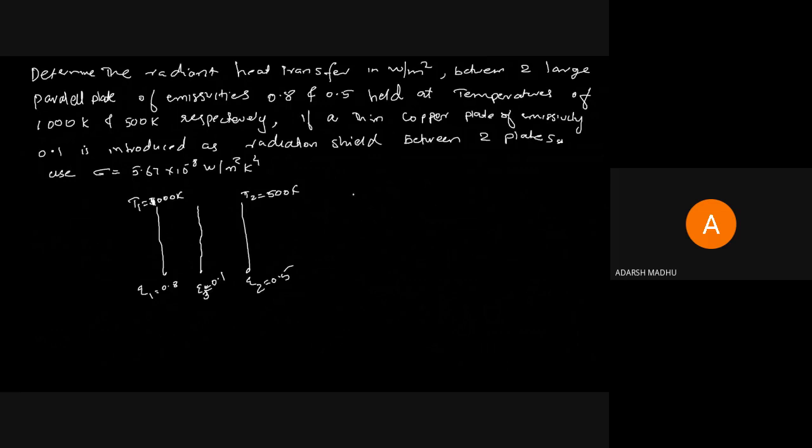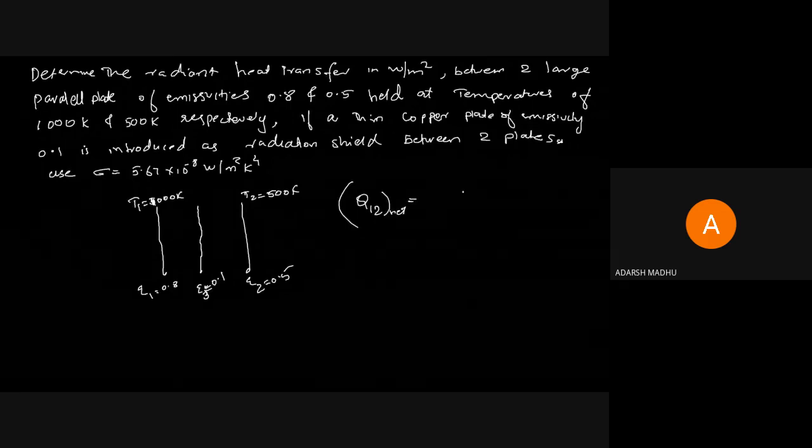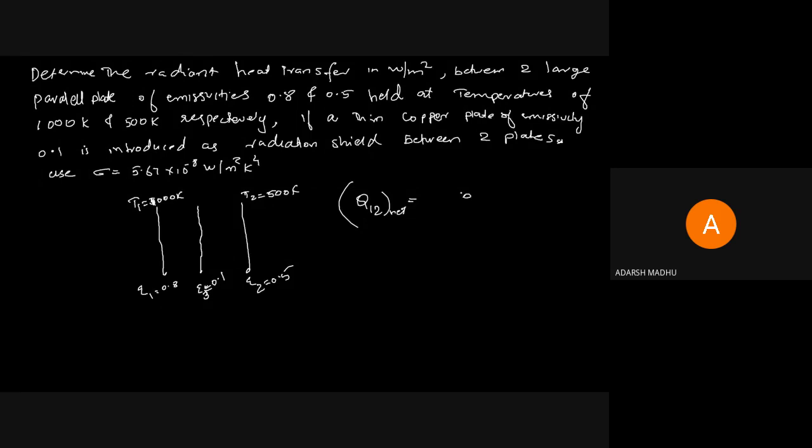So we know that Q12 net with the radiation shield equals sigma into A. The question is asked in watt per meter square, that is per meter square, which means that area is taken as unity. So area is 1, and you don't need to take the value of area.